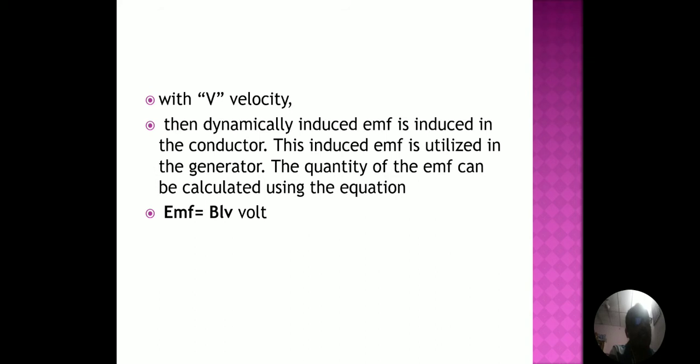When theta is equal to 90 degrees, the EMF will be BLV. If the conductor is at a certain angle, let us say theta, then the EMF induced will be BLV sin theta. Here B is the magnetic flux density, L is the length of the conductor, and V is the velocity of the conductor.